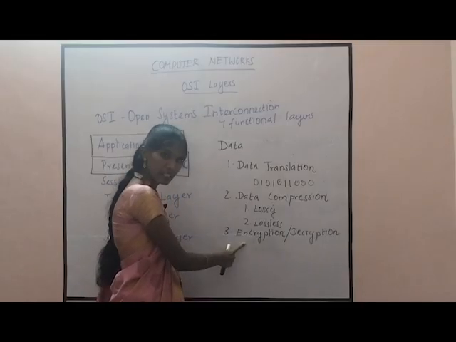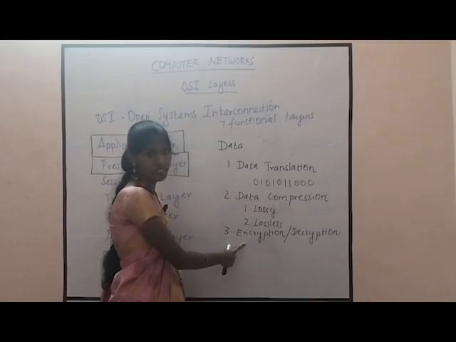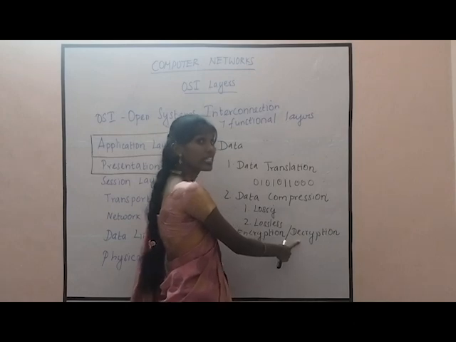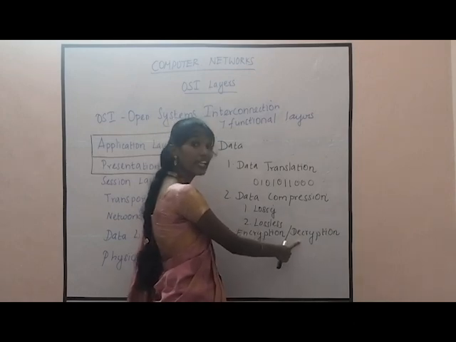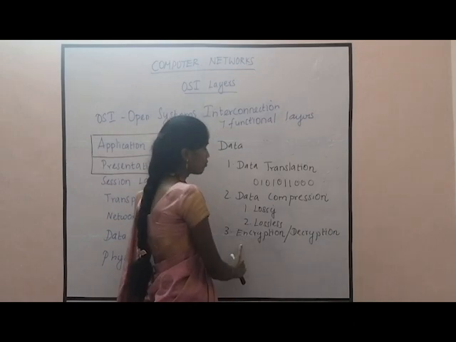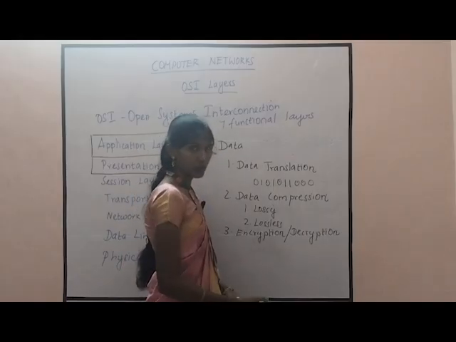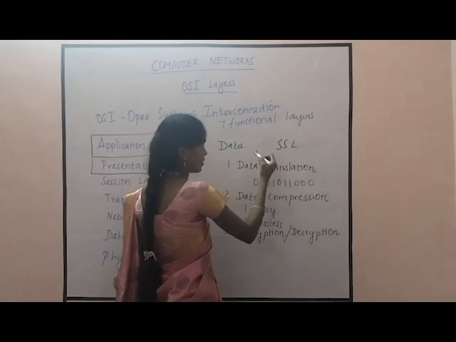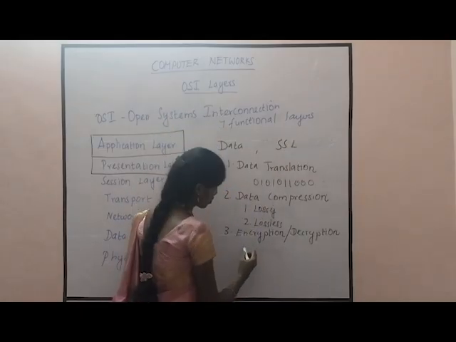If you apply that mechanism on the sender side, we call it encryption. If you apply that mechanism on the receiver side in reverse order, then it is called decryption. For encryption and decryption, we use one protocol called SSL, that is Secure Sockets Layer.